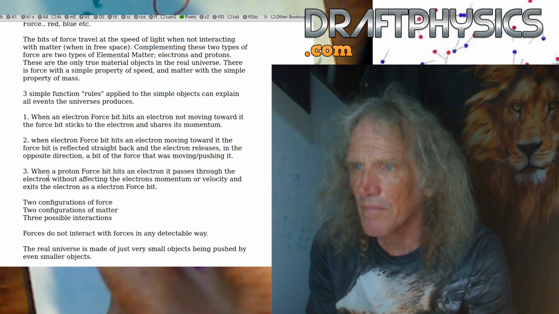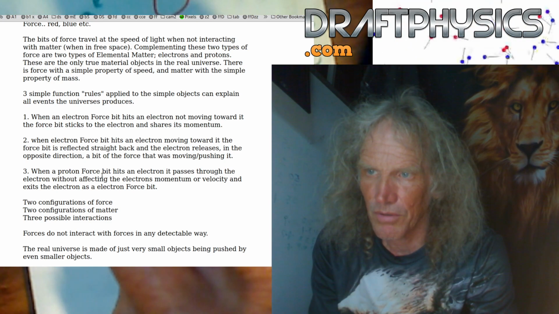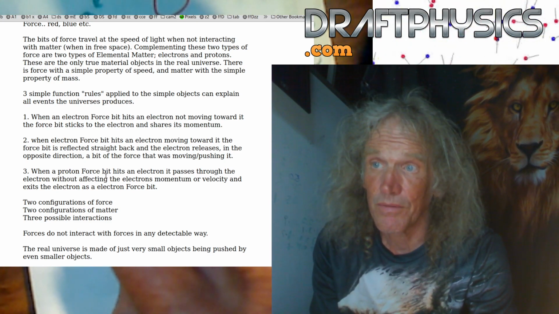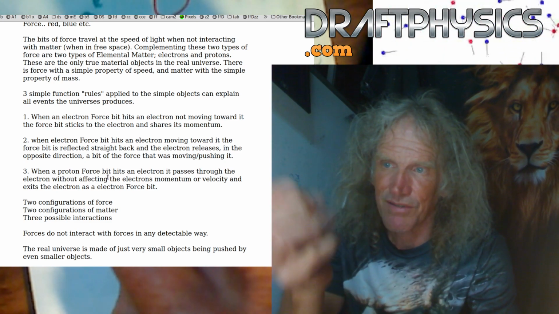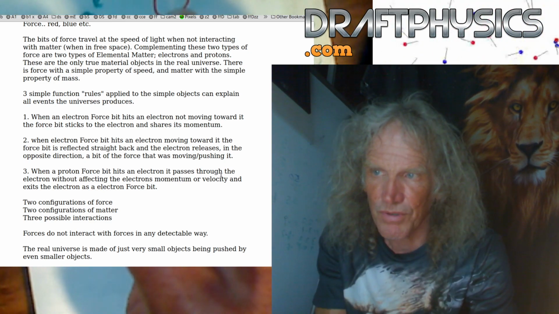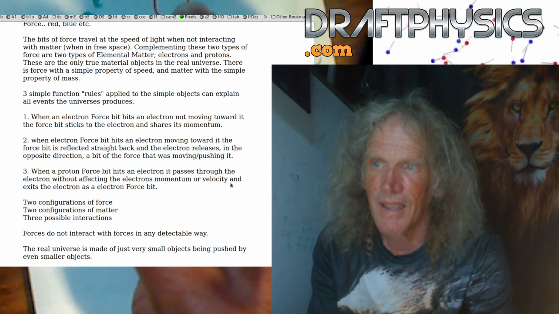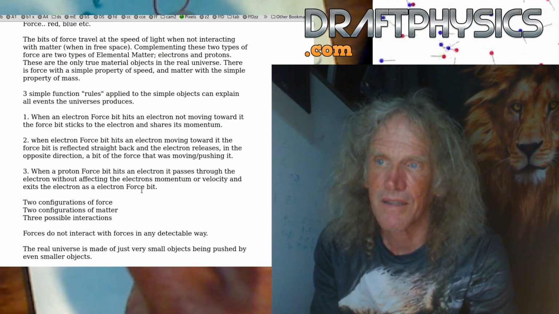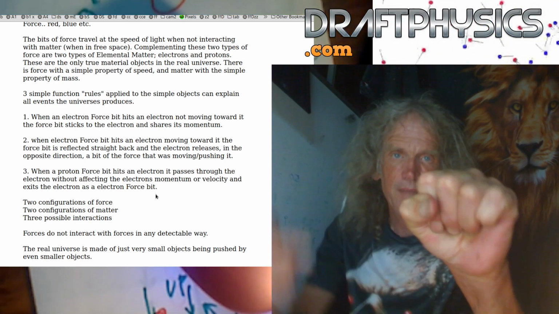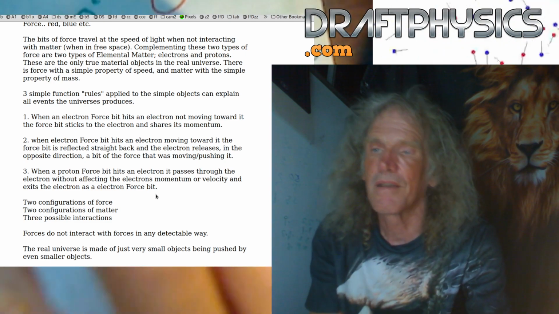Rule three: when a proton force, the opposite color, so now a red force hits the blue object, an electron, it passes through the electron without affecting the electron's momentum or velocity, and exits the electron as an electron force bit. So the red one comes in and a blue one comes out the other end.